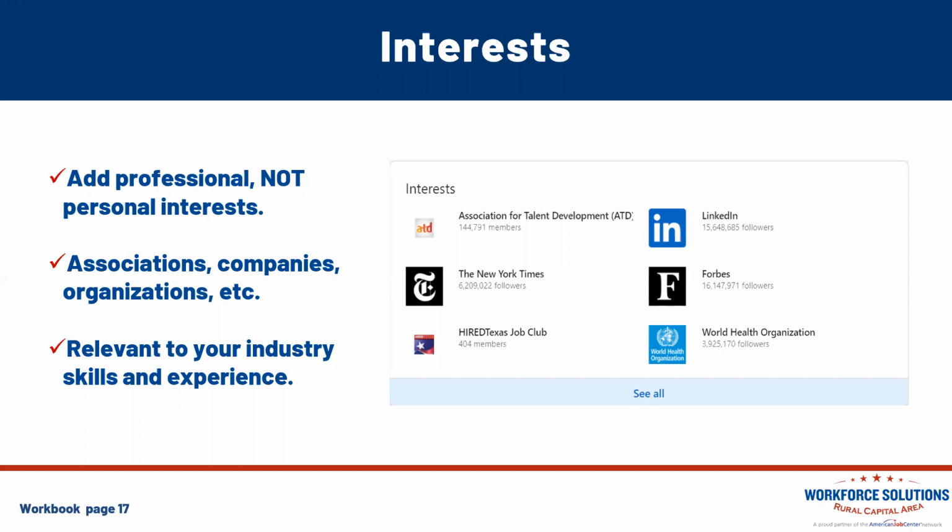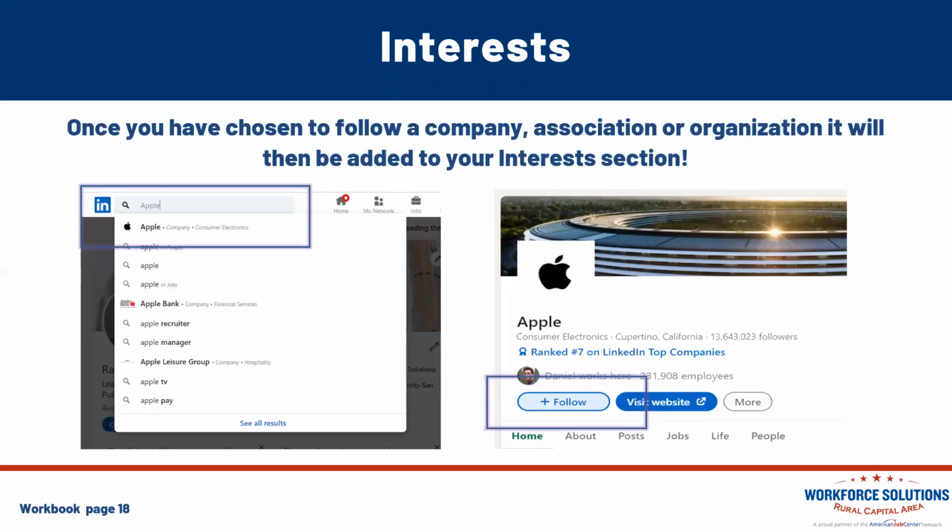Okay, so these could be specific companies, right? Organizations, associations that you're a part of, anything relevant to your industry, skills and experience. So it's very simple. You just would go to the search bar at the top, okay, which is on every page that you're on on LinkedIn.